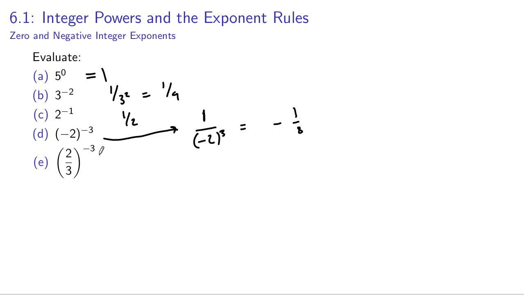And here we have 2/3 to the negative third power, which we can flip the fraction to 3/2 cubed. Okay, 3/2 cubed is 3 cubed over 2 cubed, which is 27/8.